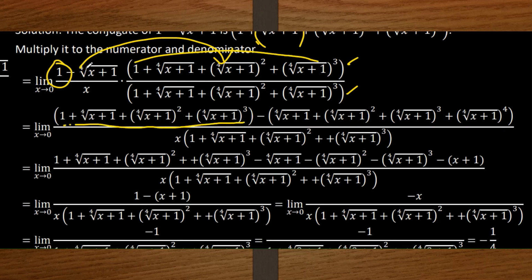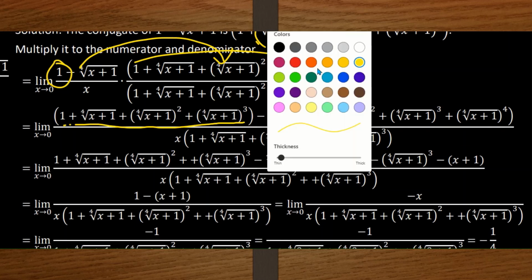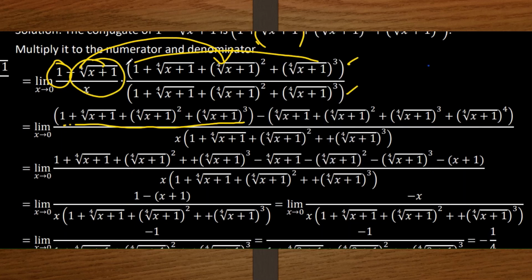Now if you multiply fourth root of x plus 1 to the entire quantity, okay, multiplying this fourth root to the entire quantity here will give you fourth root of x plus 1, plus the square of fourth root of x plus 1, cube of fourth root of x plus 1, and fourth power of the fourth root of x plus 1. Cancel this out now. That's why you have x plus 1 here.